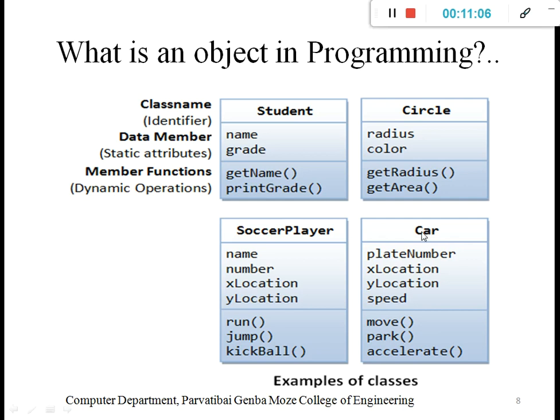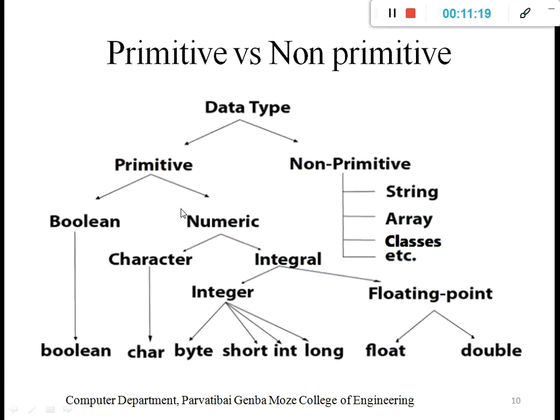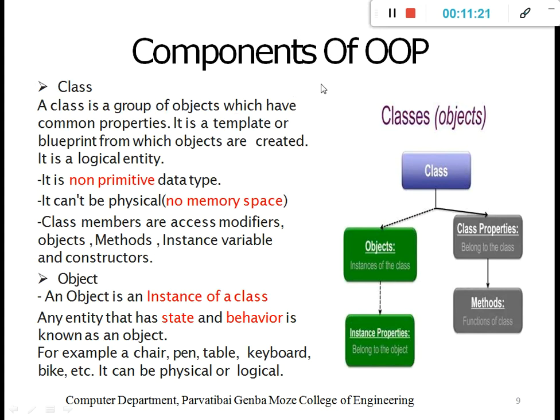These are multiple classes, like we already understood the car and the circle. These are examples of classes. We already understood data members and member functions. A component of object oriented programming is the class.